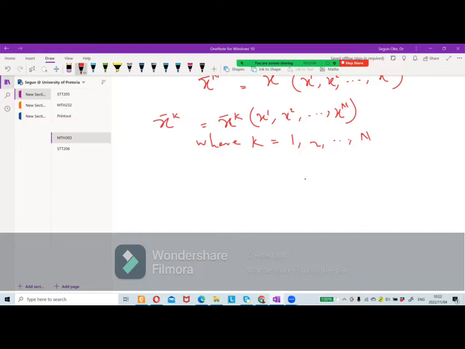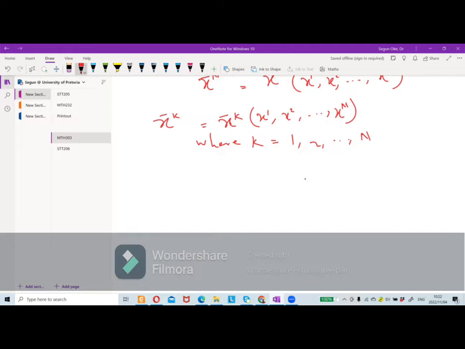If we are asked to define coordinate transformation, this is a simple way of defining it, and from there you can move on.